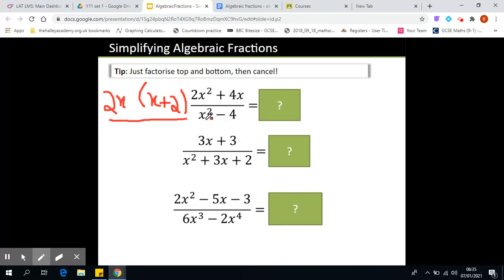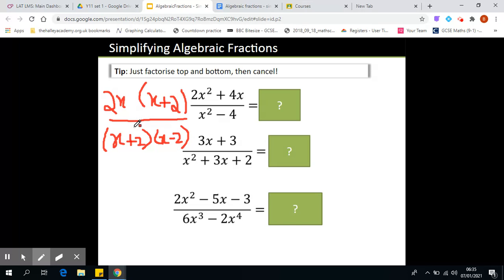Now let's look at the denominator, x squared minus 4, which can be written as the difference of two squares, which is x squared minus 2 squared, which can be factorized as x plus 2 multiplied by x minus 2.